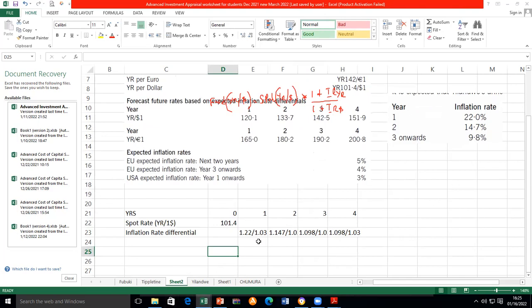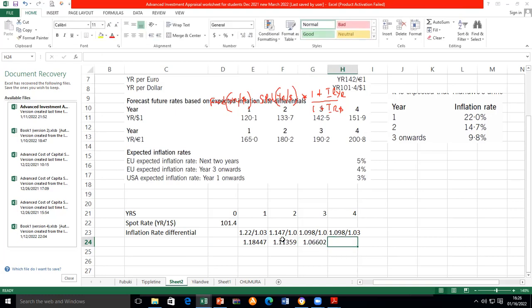Okay. So in terms of the factors now, you say equals 1.22 divided by 1.03. So that's what you find there. There you say equals 1.147 divided by 1.03. The next one equals 1.098 divided by 1.03.